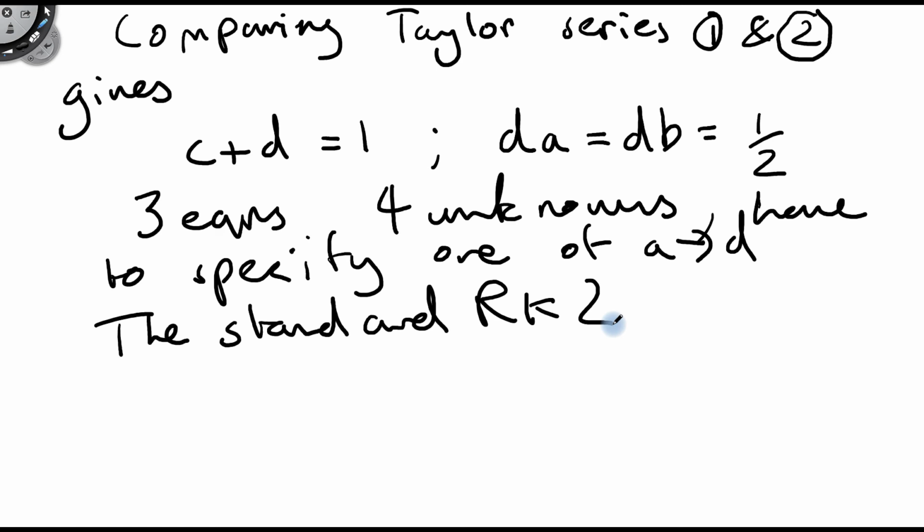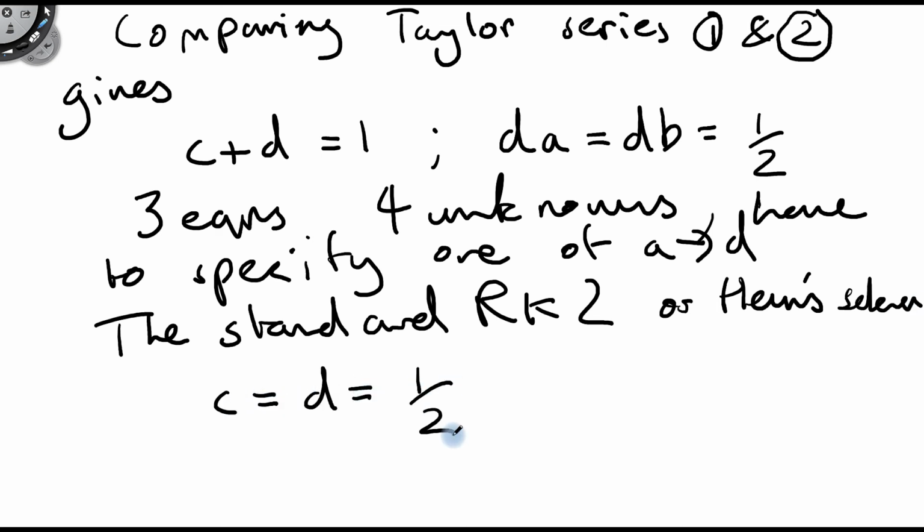So the RK2, or sometimes called Heun's scheme, is that c equals d equals a half. So if you choose c to be a half, then d's got to be a half, and then dA is a half, so that means a is 1 and b is 1.